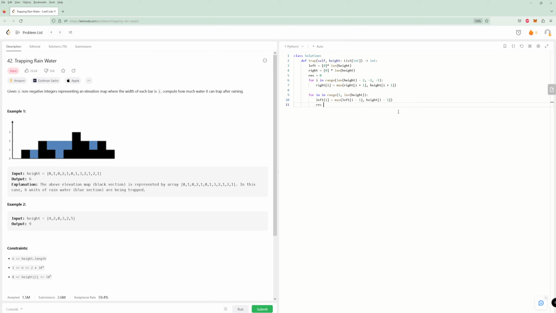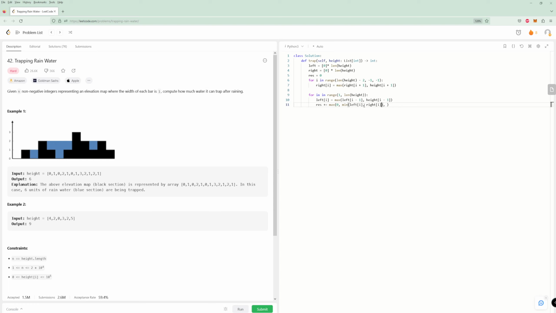Now we just do res plus equals, and then it's literally the equation that we drew. So max of 0, now min of the left and the right, right? So left I, right I, and then we have to subtract the actual number of bricks we have, right? So we have the two walls, but we have to subtract the number of bricks that are actually in this height because we can't put water where a brick is. Did I close the parenthesis?